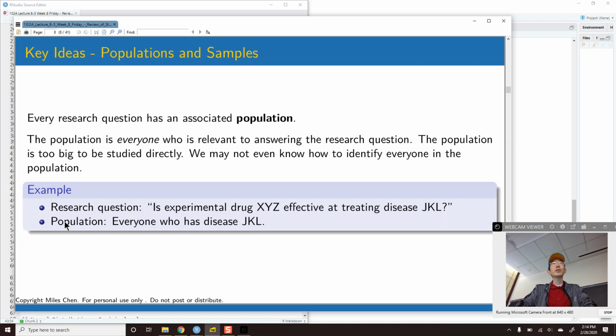And you might not even know everyone, you might not even be able to identify everyone in the population, right? So tracking down the population is an enormous task, very expensive, right? So the United States does this with a census, and it's hard. They have to hire a whole bunch of people just to count people, okay?